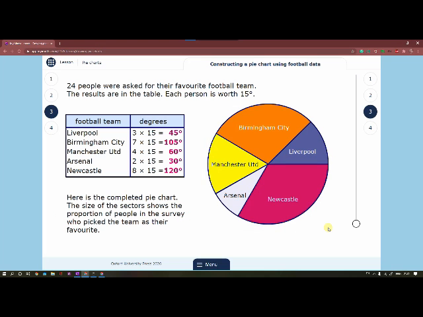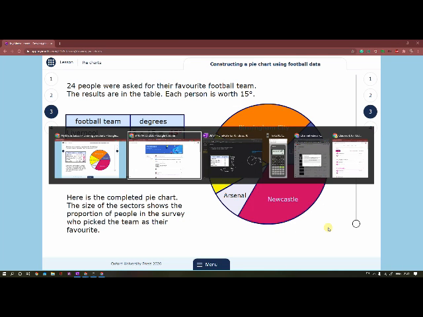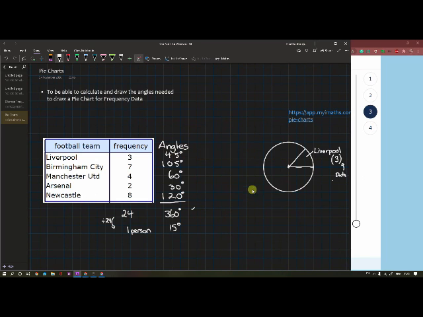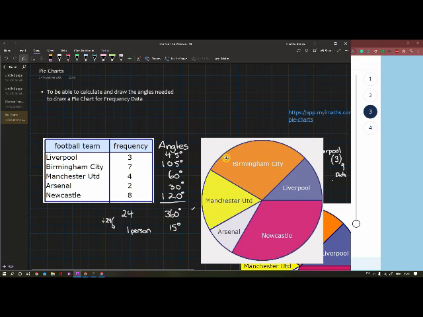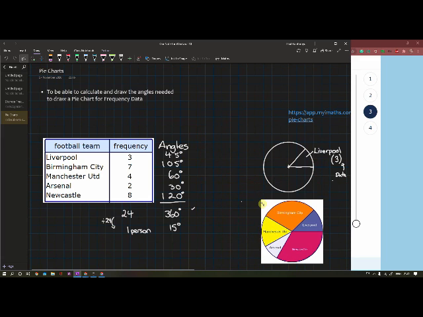And like I said, if you put them on the inside, what often happens is you run out of space, and that can be a bit of a problem to read the labels, especially if people have been shading the diagram. Okay, so I actually will put it as labels on the outside with Liverpool. So with a little pointer, put Liverpool in, possibly put data on the label, and that's my pie chart drawn.